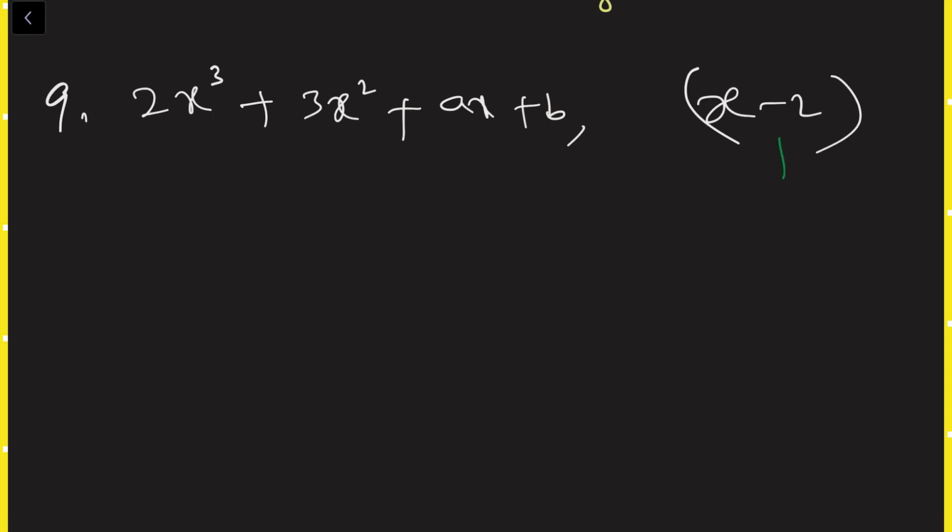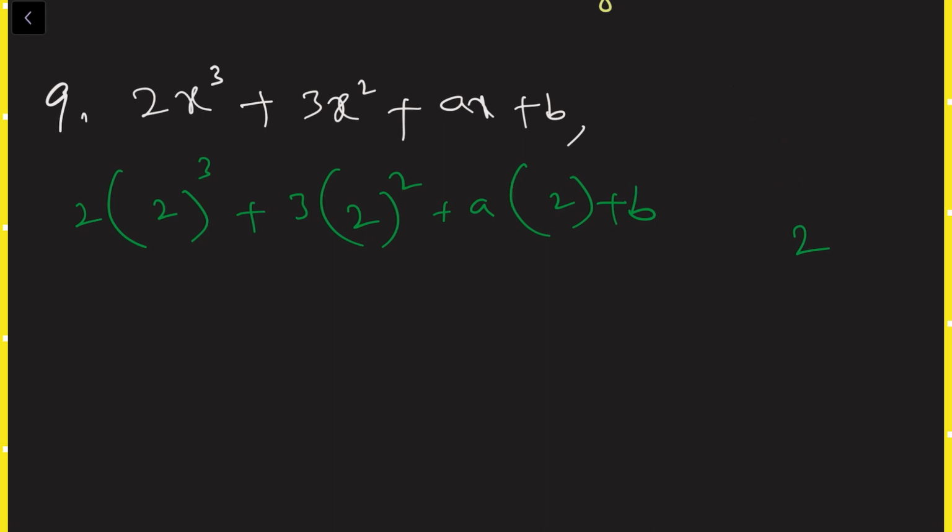X minus 2 is there, so we need to substitute plus 2. So 2 into 2 cube plus 3 into 2 square plus a into 2 plus b. And he clearly mentioned that when this polynomial is divided by x minus 2, it leaves remainder 2. So make it equal to 2.